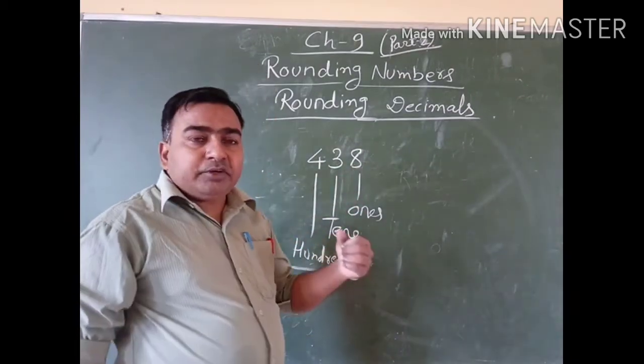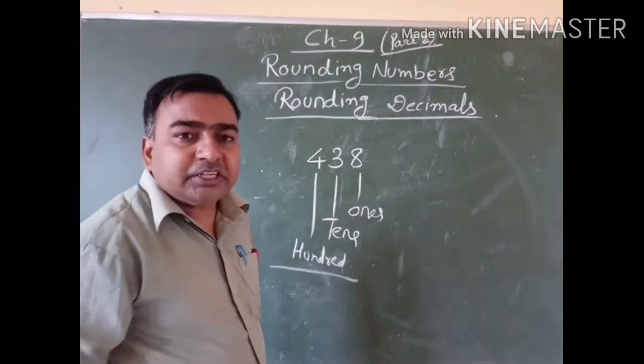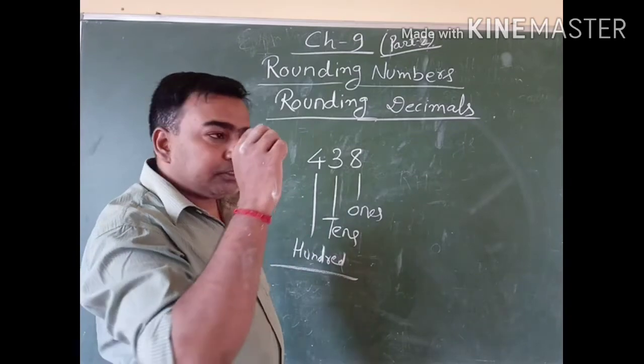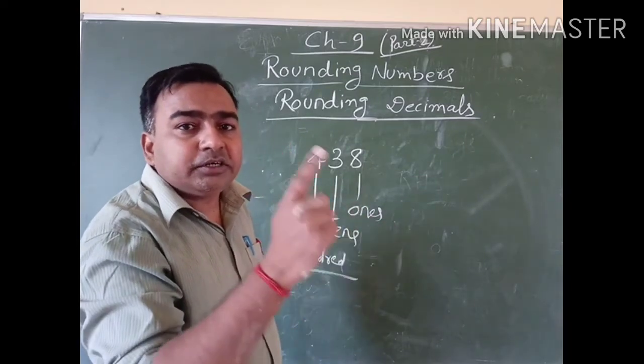But when we talk about the decimal number, what is a decimal number? The number we write after the decimal point is called the decimal number.